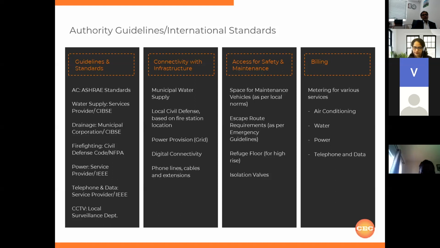One is billing from the master developer, and second is from the authorities like electricity and water, as we pay DEWA bills here, as we pay telephone bills here. Similarly, air conditioning is being handled at times with district cooling, so that will come into the picture. So these are the aspects we look into when we deal with the authorities.